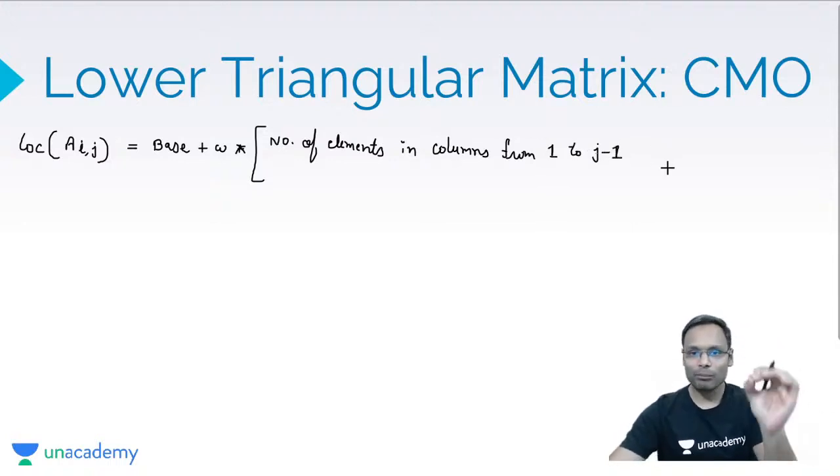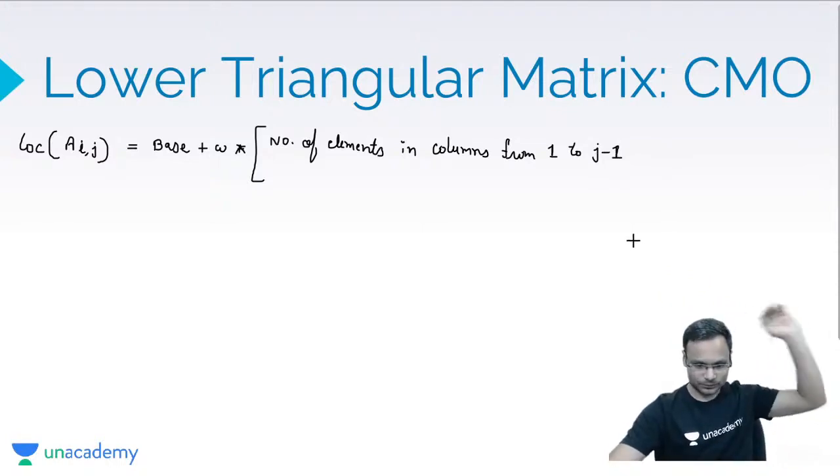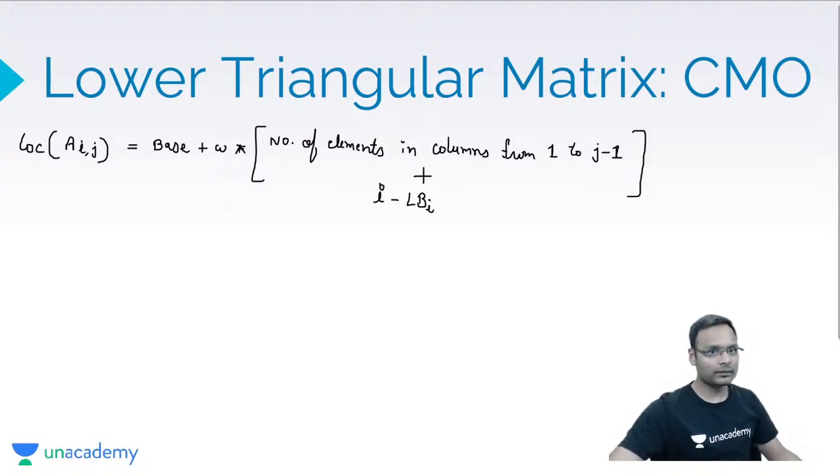So from column number 1 to column number j minus 1, you count the total elements, plus i minus lower bound of i. That is the basic formula.